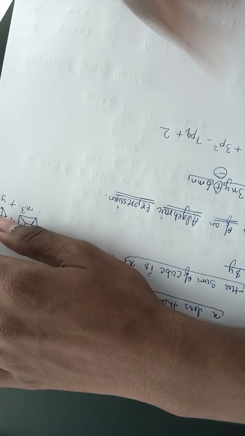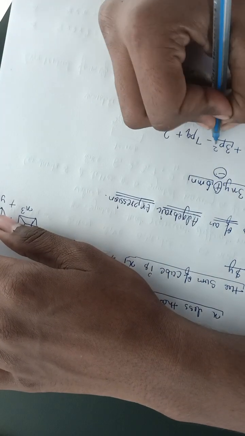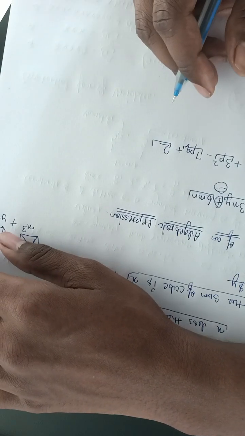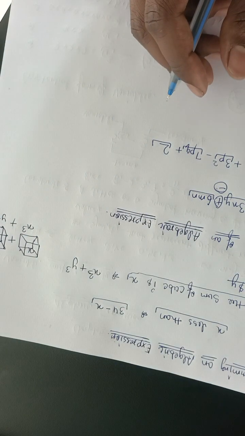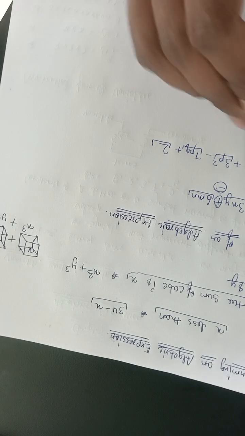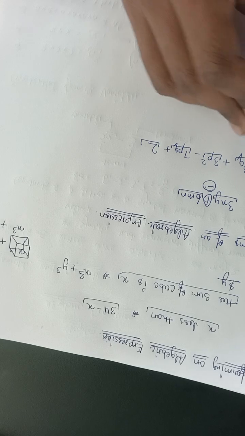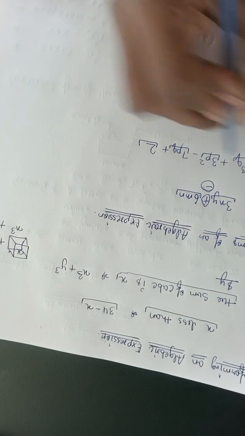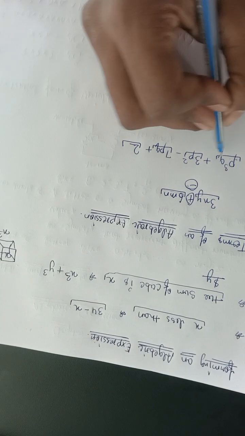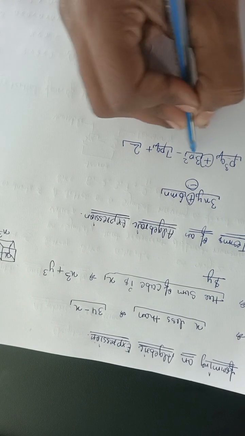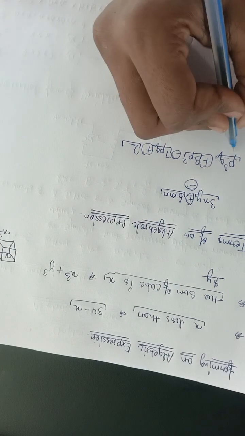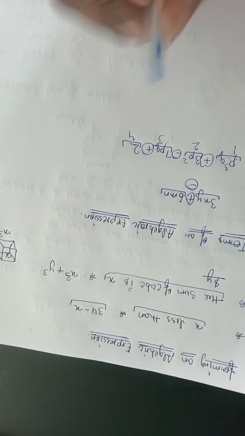In this we can see there are four terms: 1, 2, 3, and 4. How have we determined that these are terms? Because between them there is an operation going on: here between there is a minus, here between there is a minus, here between there is a plus. So there are 1, 2, 3, 4 terms.